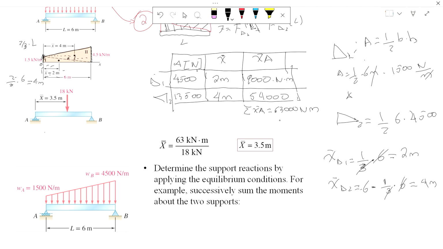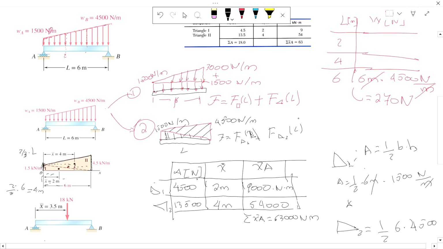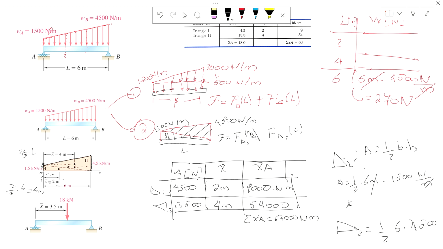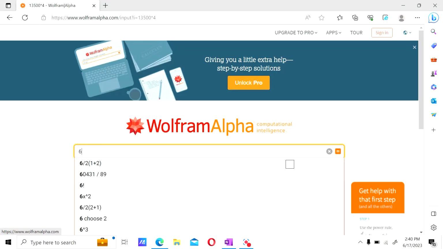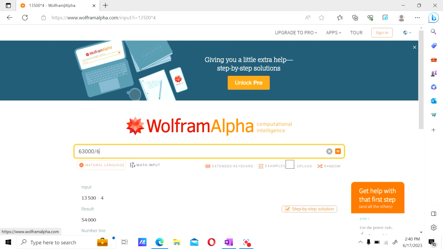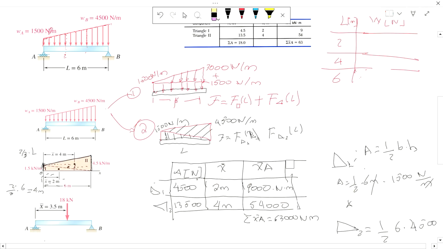So at this point, we can actually go back and create the table that I wanted to do at the beginning. So if we want to find at 6 meters, we can do something else here. If we do 63,000 divided by 6, 63,000 divided by 6.